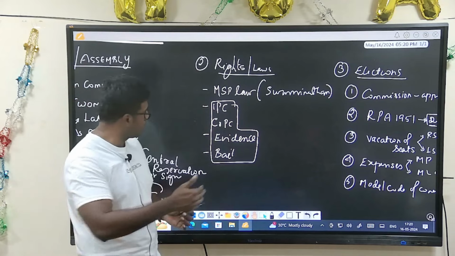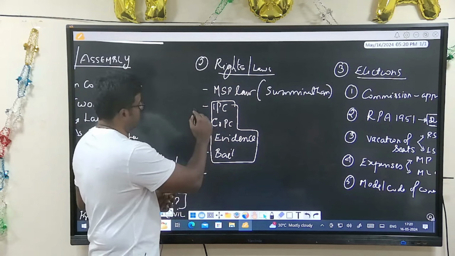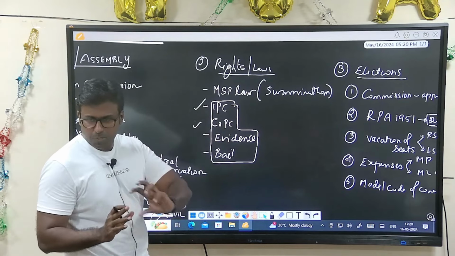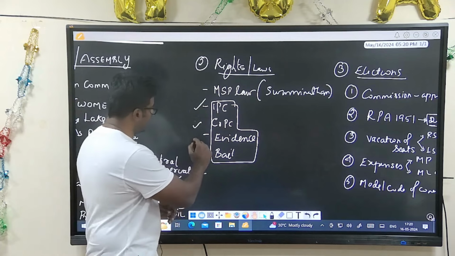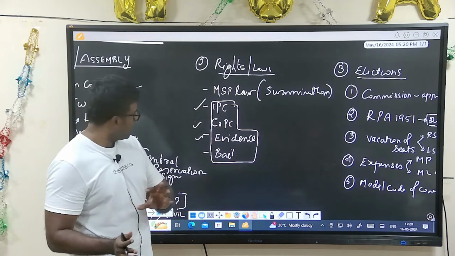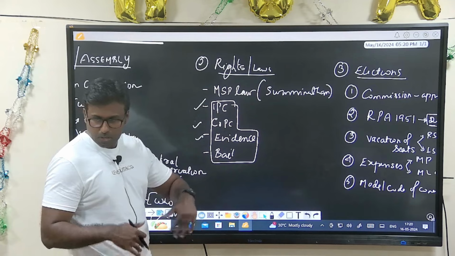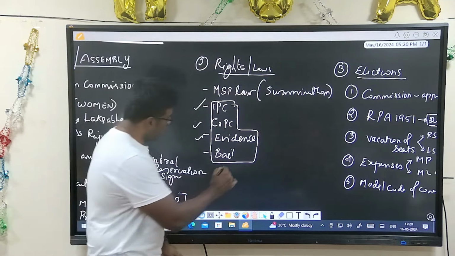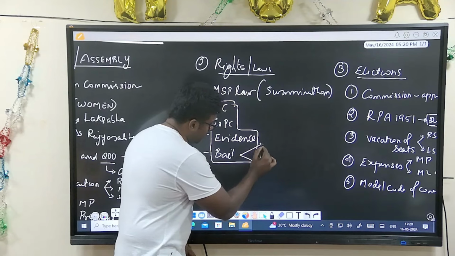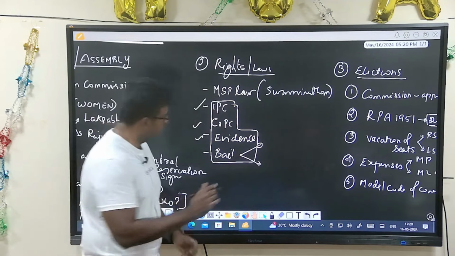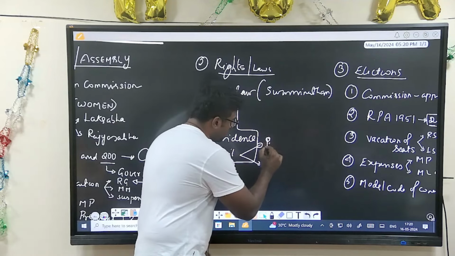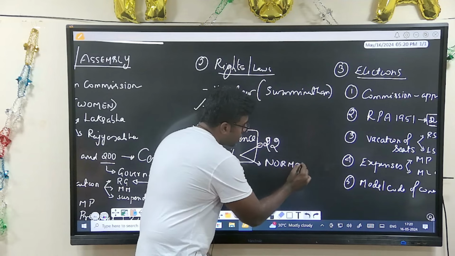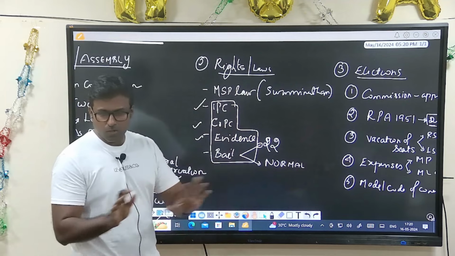Don't go deep into it, but I think somewhere IPC, CRPC, what is the difference between IPC, CRPC, Evidence Act and bail? So now this time many of the persons have not been granted bail. Bail in terms of people arrested in preventive detention and normal. So what is the difference between the bail for these two people?